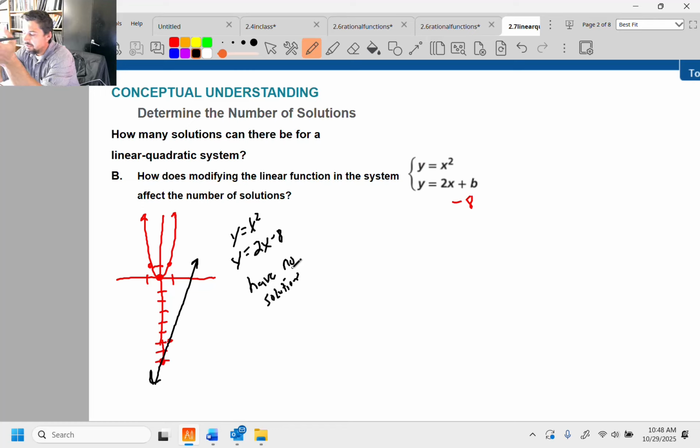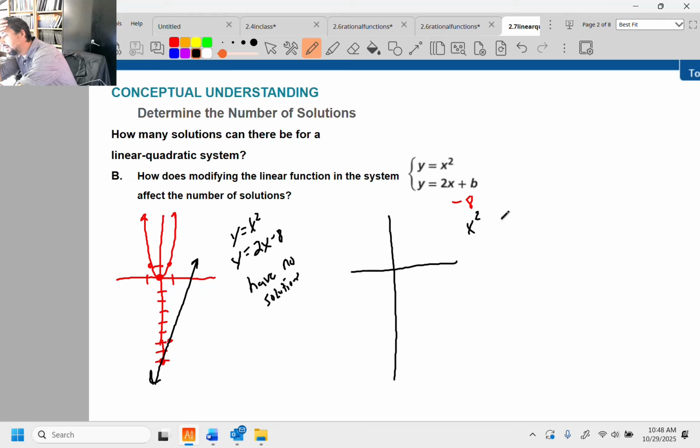There is a way to get just one solution out of this thing. And I believe it is if you make it y equals 2x minus 2, probably. Maybe -1, yeah. We're going to graph x squared and y equals 2x minus 1. Now 2x minus 1 would cross the x-axis just once, and it would rise 2 and run 1.